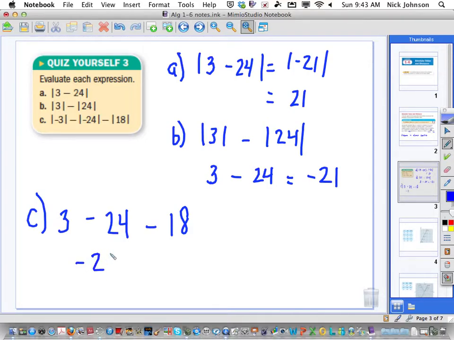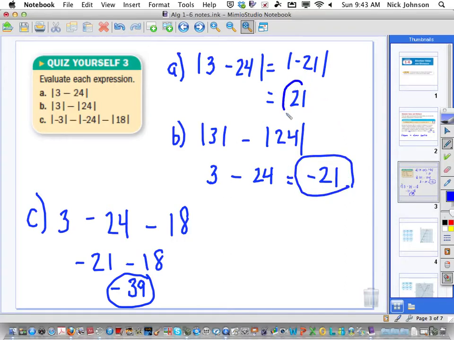Negative 21. It's a negative 21 minus 18. Both signs are the same, so you add them together. Gives me a negative 39. Take your time, follow your steps, get your answer. This is what your homework should look like.